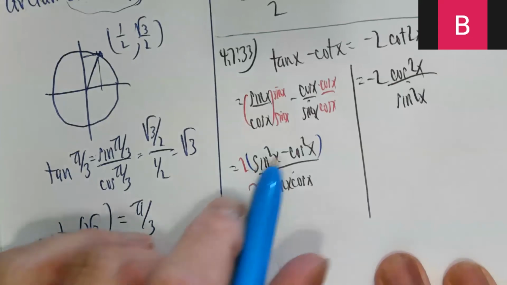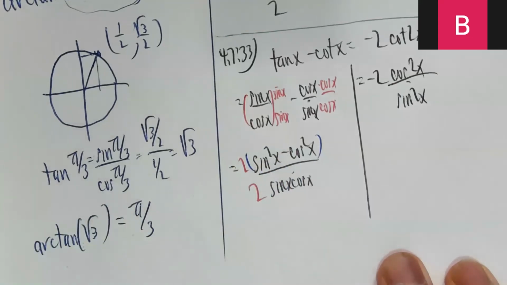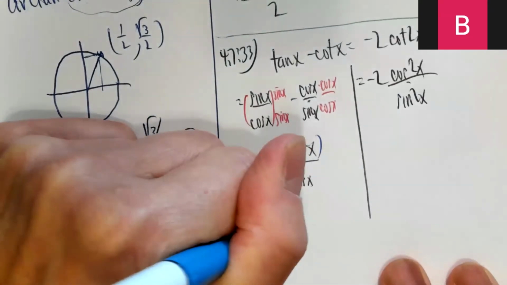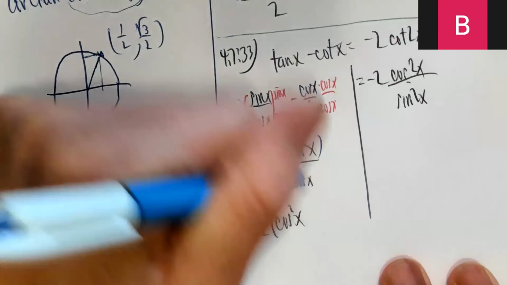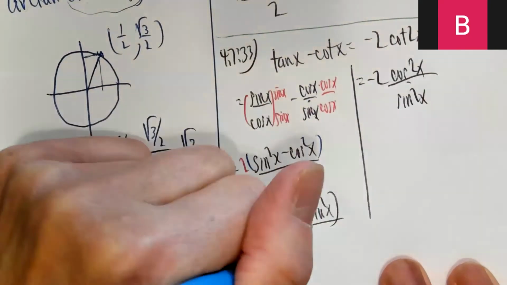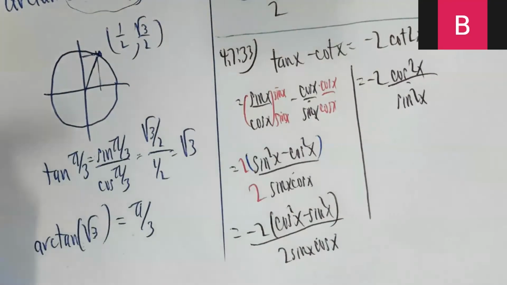And then if I multiply this by -1 times -1, it's going to look like this: -2 times cosine squared x minus sine squared x over 2 sine x cosine x.